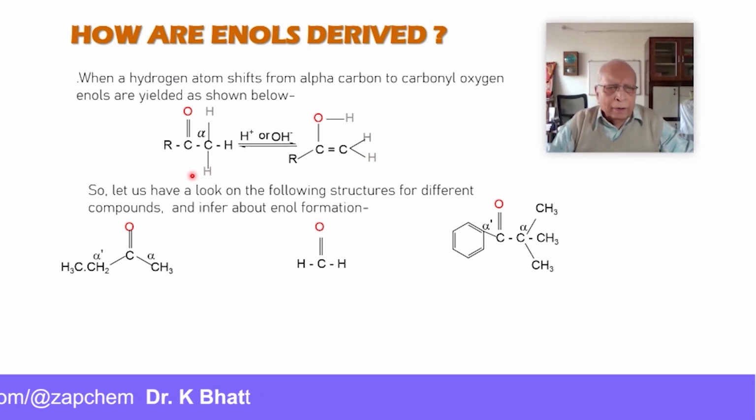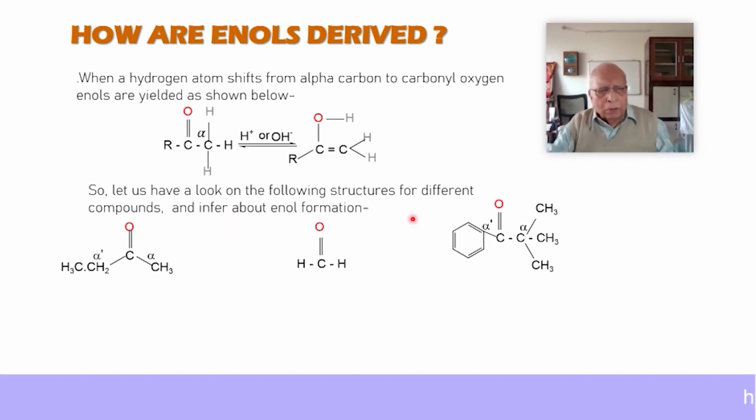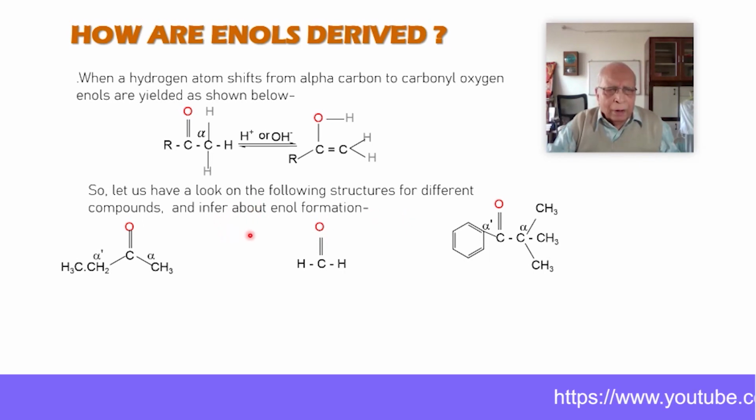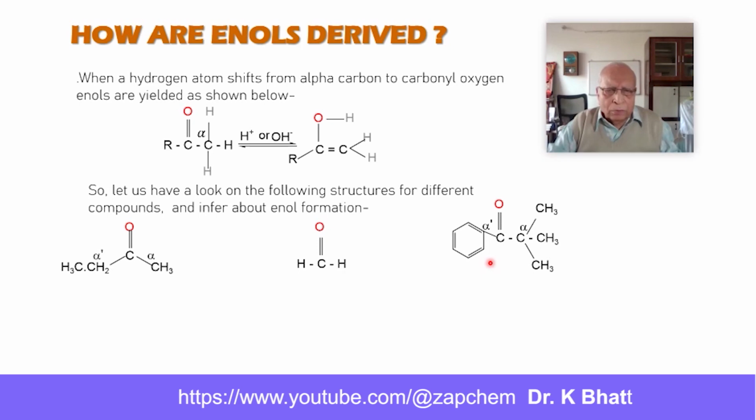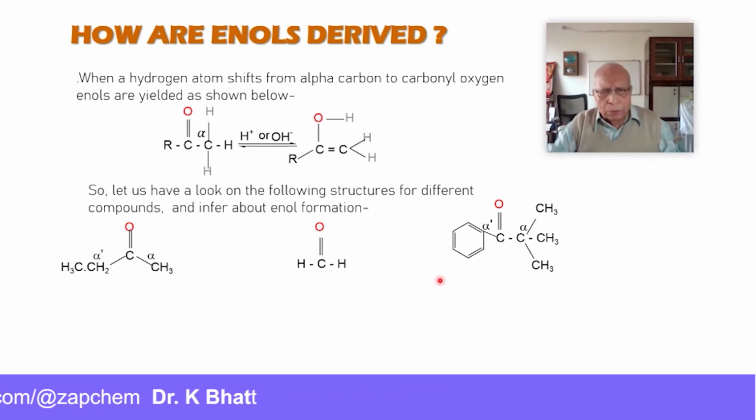Now, let us have a look at an exercise, a practice here. Let us look at the following structures of different compounds and infer about enol formation. I have given three examples.